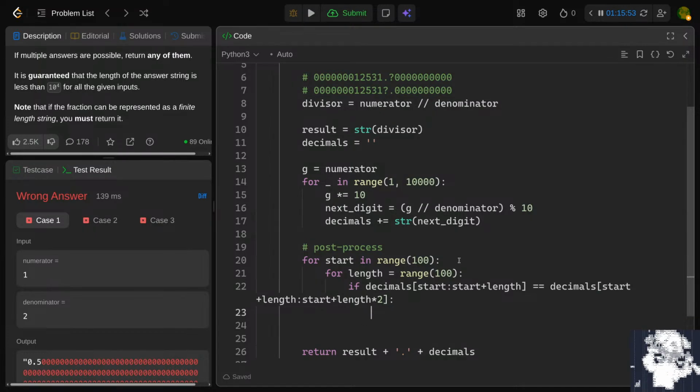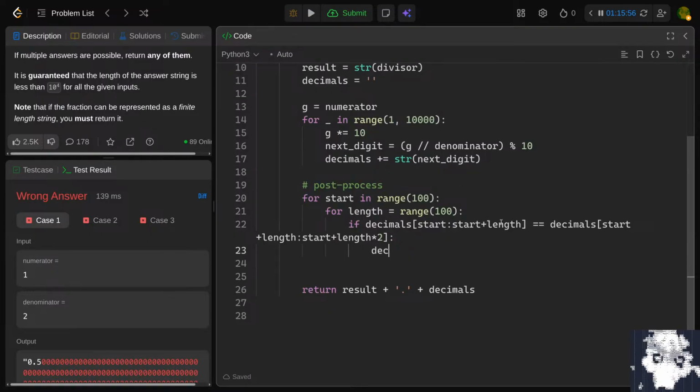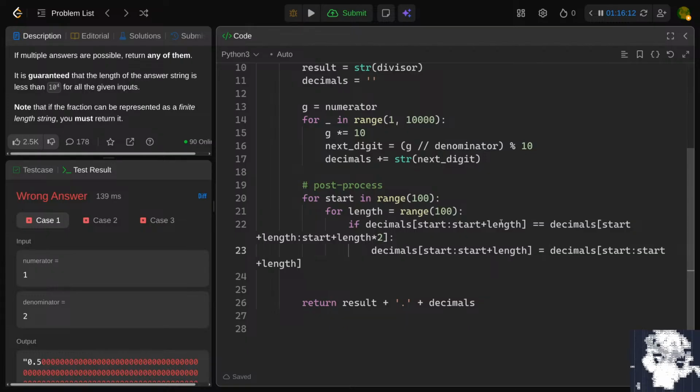This is not really going to work, but decimals, replace that slice with that slice, but with parentheses around it. Or, you know what, don't. So f string, parenthesis open, close parenthesis, close string.